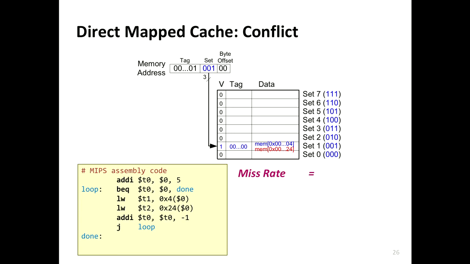But when you try to read from address 24, it's going to be a cache miss. You will load it from the main memory and put it into the same cache line, which means you will remove the data from address 4, so all your memory accesses are going to result in a cache miss.